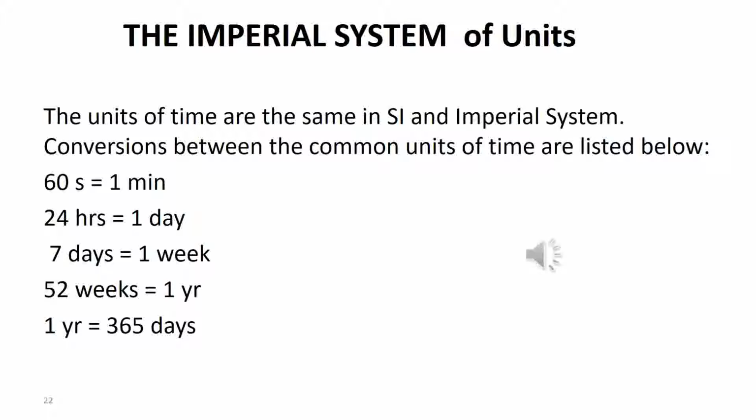Conversions between the common units of time are listed below. 60 seconds equal 1 minute, 24 hours equal 1 day, 7 days equal 1 week, 52 weeks equal 1 year, 1 year equals 365 days.